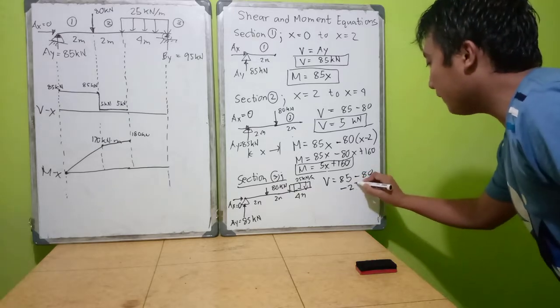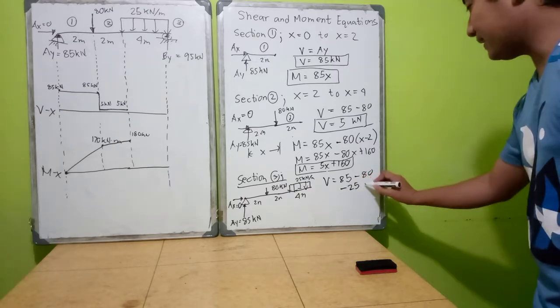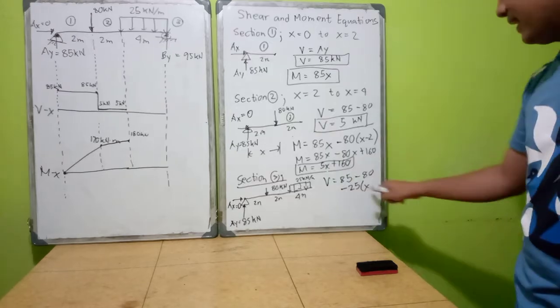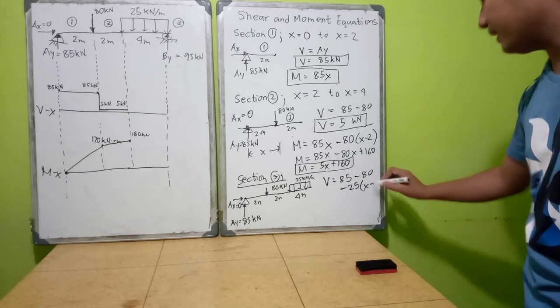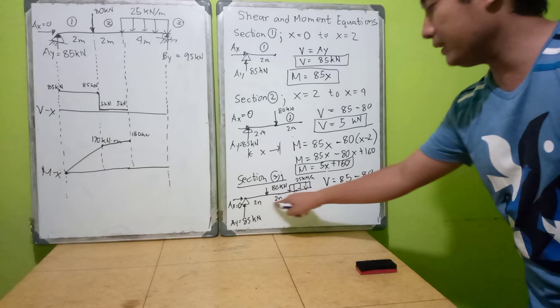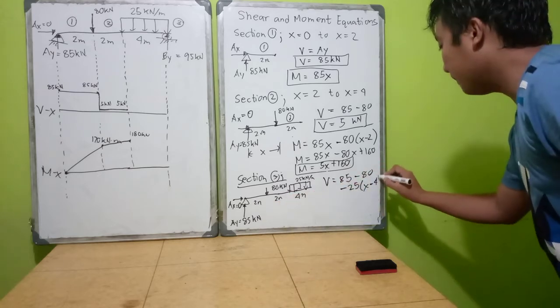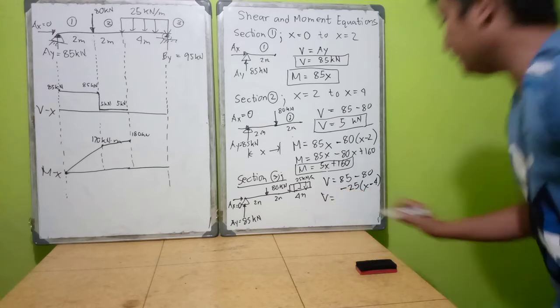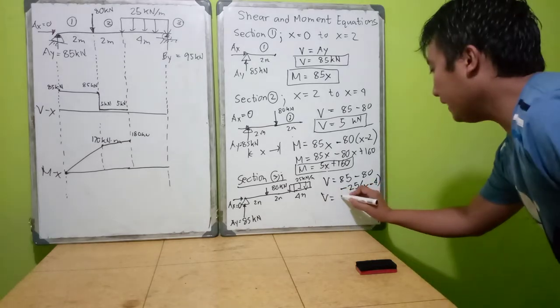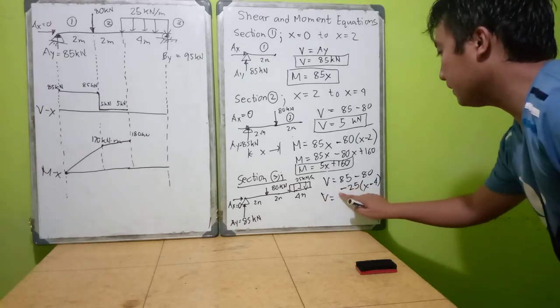negative 25 times x minus the distance, minus a. The a here is 2 meters plus 2 meters, so this is 4. So your V is 5.